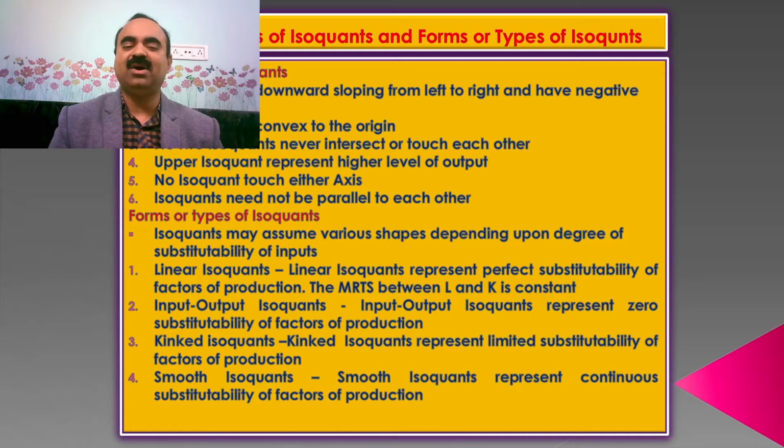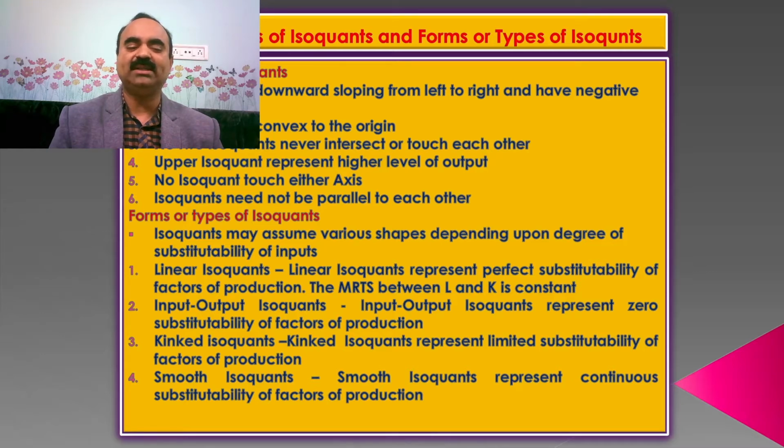Forms or types of isoquants. Isoquants may assume various shapes depending upon degree of substitutability of inputs. There are 4 important forms or types of isoquants. 1. Linear isoquants. 2.